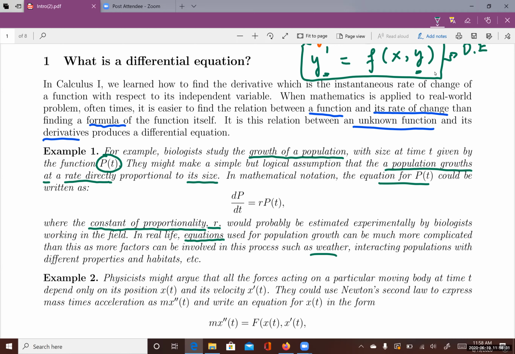Such as weather can be one of the factors, or the interactions between populations, or the interaction with different properties and different habitats. So those factors can play a big role in the population growth. Again, this equation here is just a simple equation that you can use to estimate the population growth.